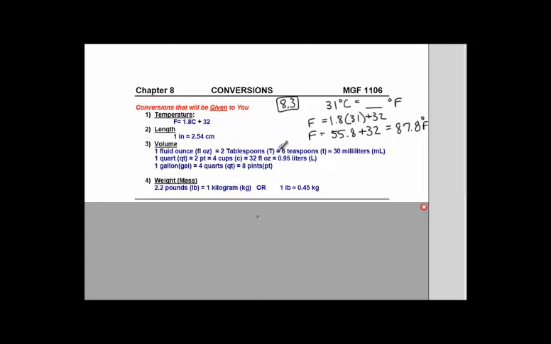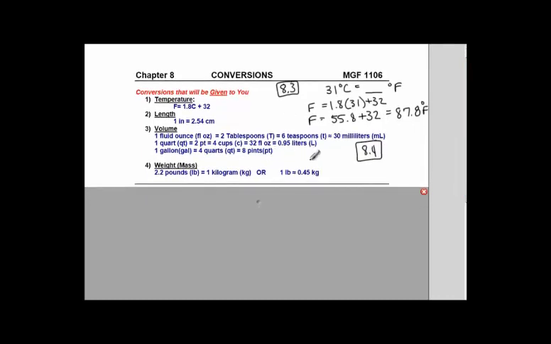Those of you who do a lot of cooking, that's probably more familiar to you. And then 1 gallon is equal to 4 quarts, which is also equal to 4 pints. And some of these are going to come up in 8.4, I believe. So we'll come back in 8.4 and look back at this chart as well.